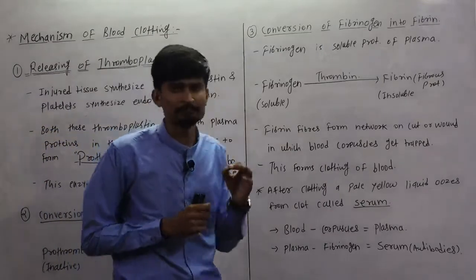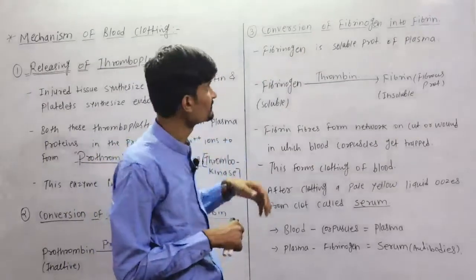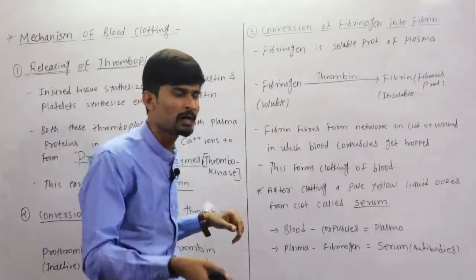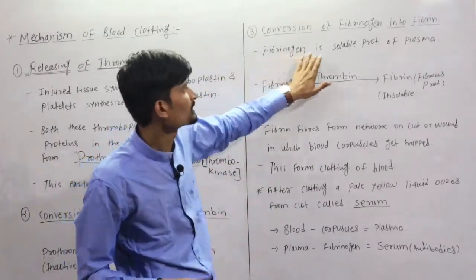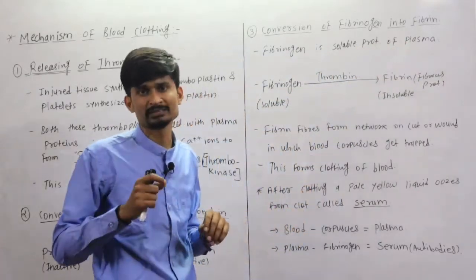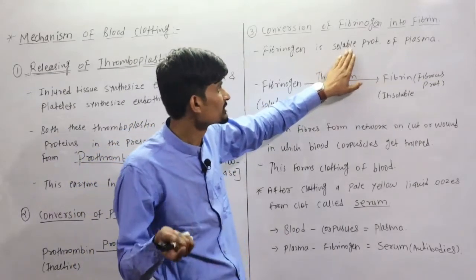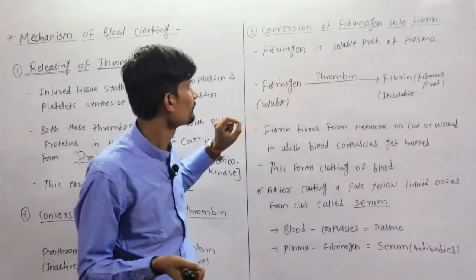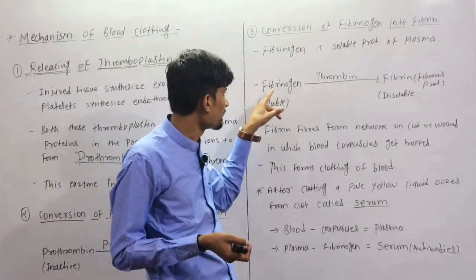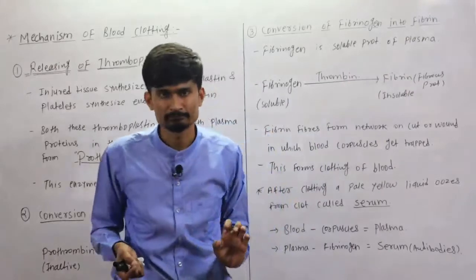Now the third step is the conversion of fibrinogen into fibrin. Fibrinogen is also a plasma protein. Fibrinogen is a soluble protein of the plasma. It is present in the dissolved form. This fibrinogen is converted into the insoluble form, that is fibrin.